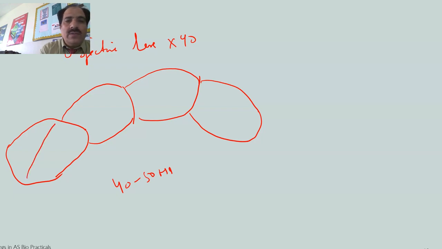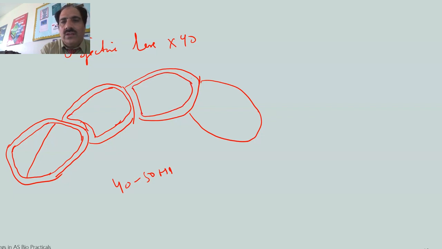And in the case of the plant cell, each cell should always have a double line just to show that there is the cell surface membrane and the cell wall. And it should be as smooth as possible, though I am not able to make it so smooth on the screen. Writing on the screen is very tough, not so easy.